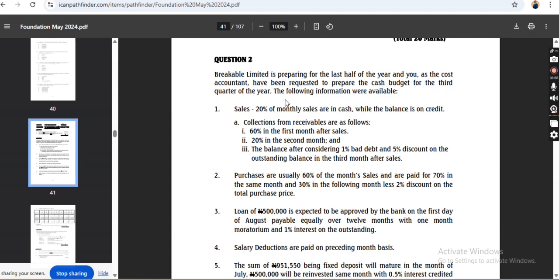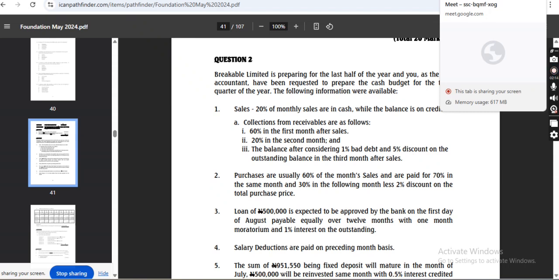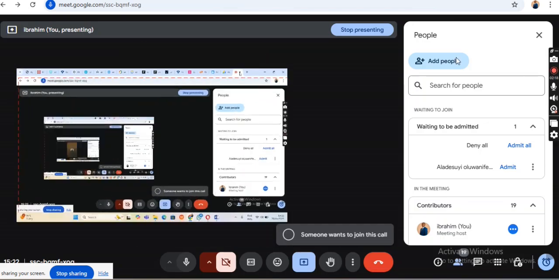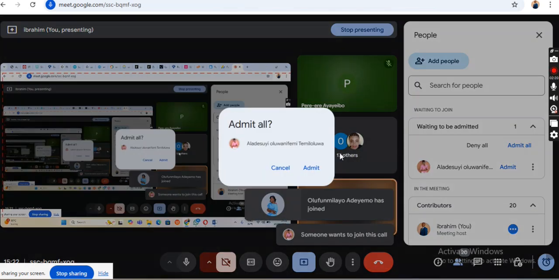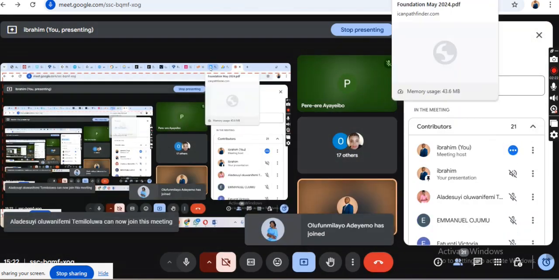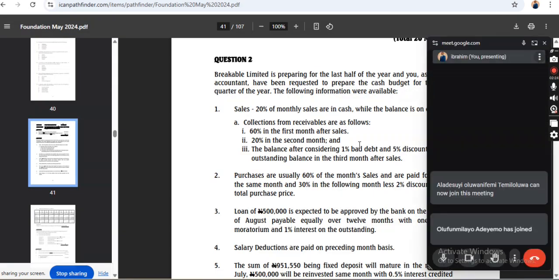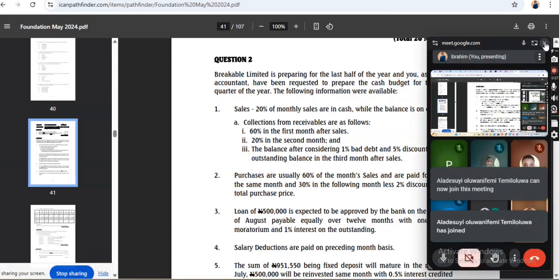April, May, June, second quarter. July, August, September is the third quarter. October, November, December is the fourth quarter. The following information was available.